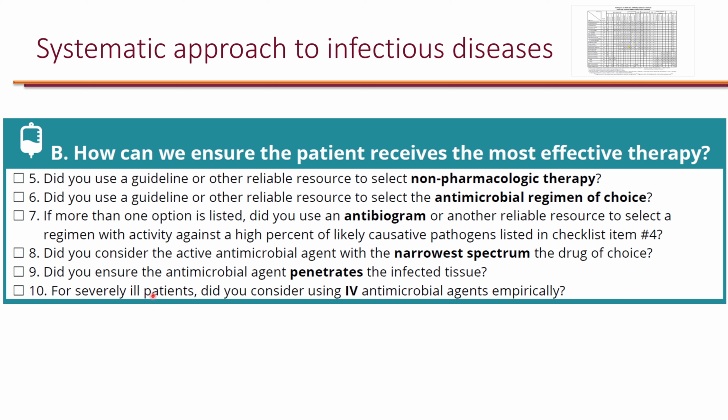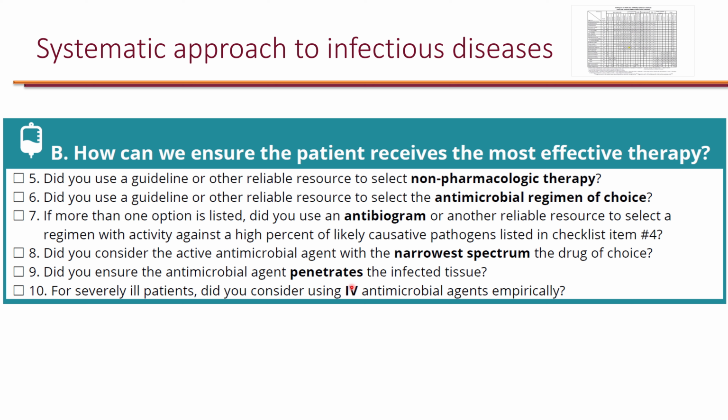And for severely ill patients, you want to make sure that you consider using IV antimicrobials empirically, when appropriate. So in general, people who are severely ill may not absorb the drug quickly if you give it orally. Or patients are sick, so they may be vomiting, so you don't want them to vomit the antibiotics out.